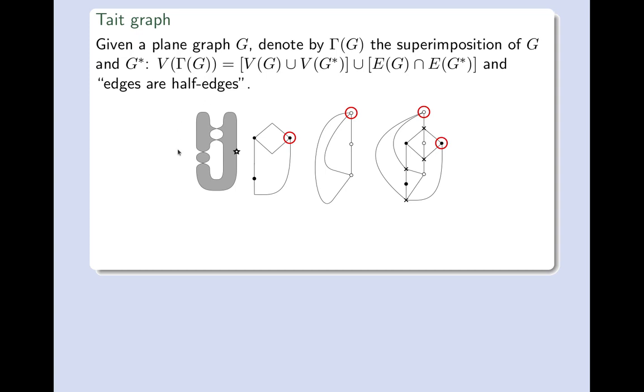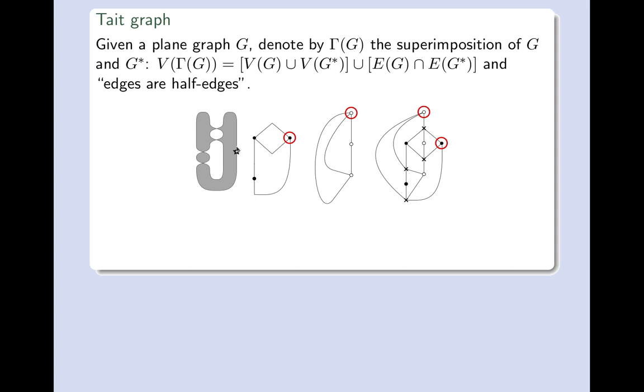Of course, if you start from a given knot projection, let's say marked, then you obtain its black and white graph, and the Tait graph is just a superimposition of these two. And these vertices here are just given by crossings in the original diagram.